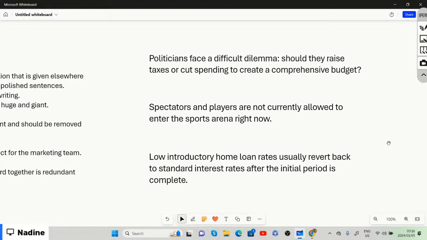It says, politicians face a difficult dilemma. Should they raise taxes or cut spending to create a comprehensive budget?